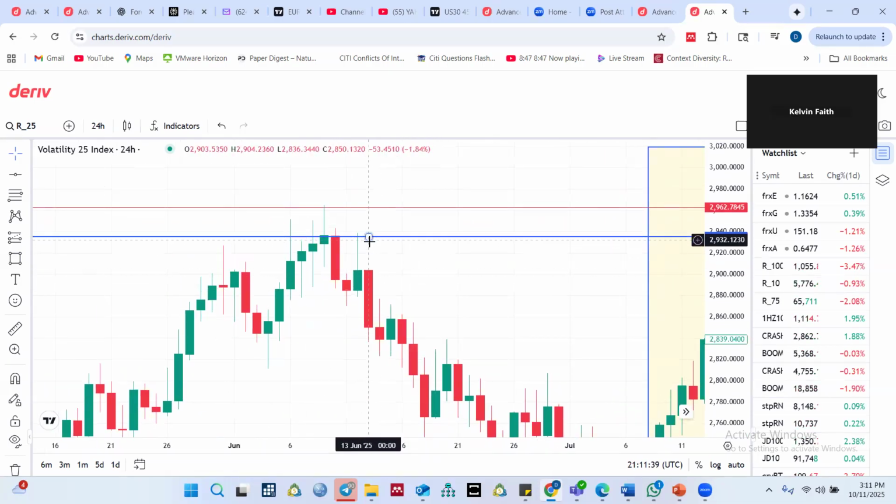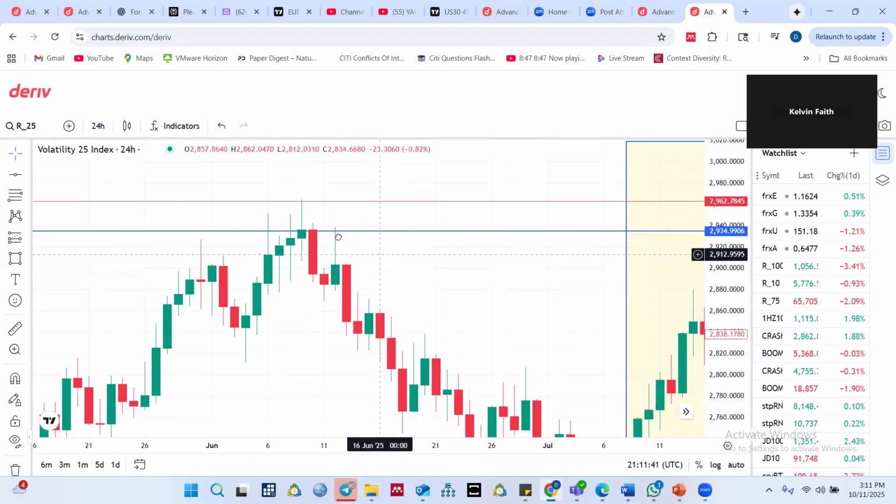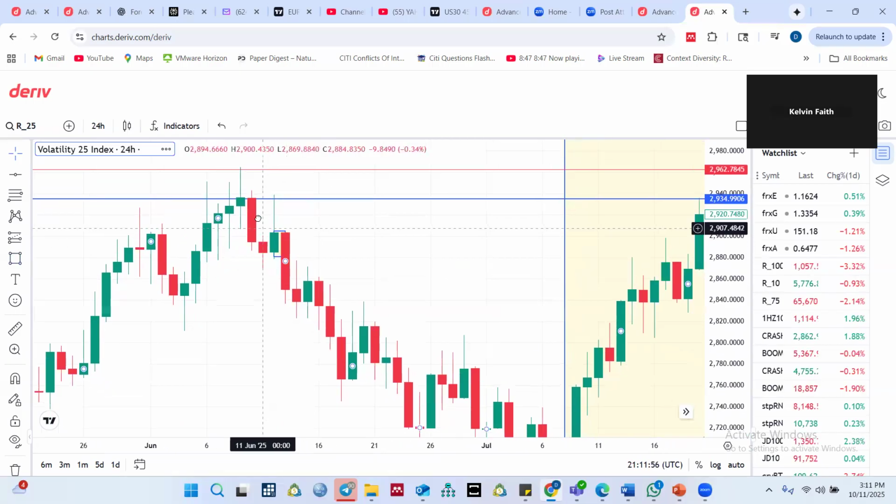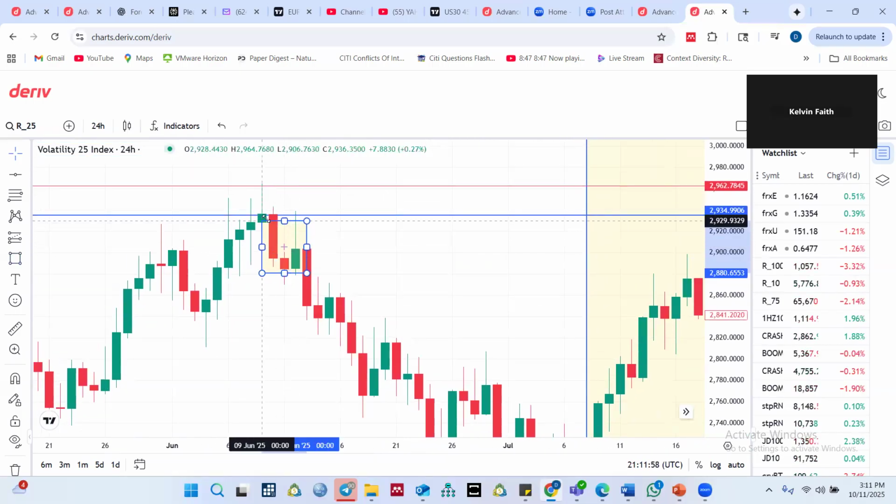Anytime price gets to the blue line, what happens? Even before price took off to give us the big sell, price went up and hit the blue line again and rejected off. This is the first sign. We see an engulfing that took off from this place, came down, and we see price go back up to where the body of that engulfing candle took off from, or impulsively distributed from.